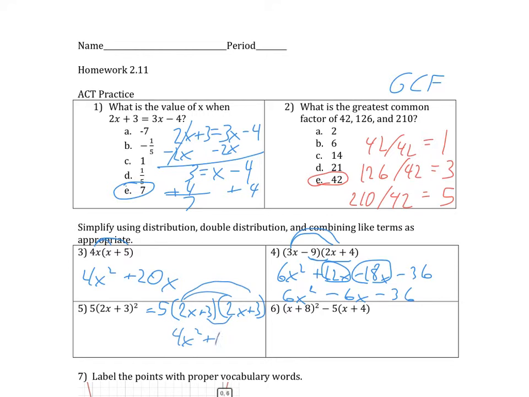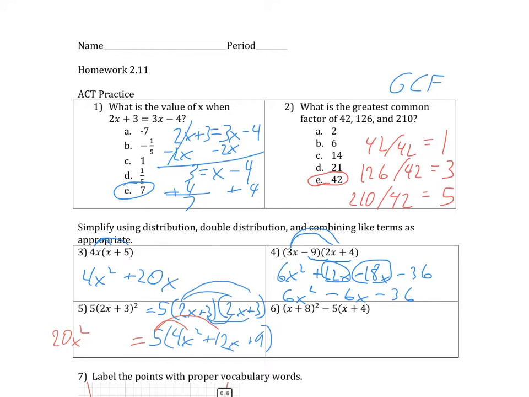Those are going to make 12x total. 6x and 6x makes 12x. And then finally, positive 3 times positive 3 is a positive 9. Now don't forget there is a 5 hanging out in front waiting to distribute, which means my final answer is 5 times 4x squared is 20x squared.